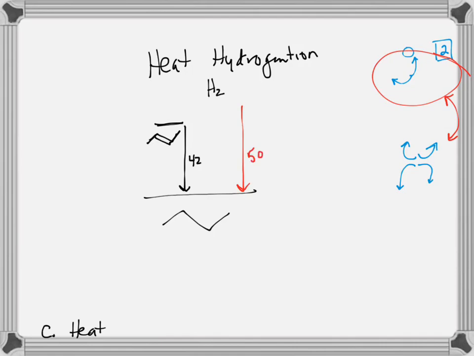Well, if the hydrogenation energy is more, what does that mean about the energy of that alkene? It has to be higher. If it's higher in energy, is it going to be as likely to form? No. Okay? So our heat of hydrogenations are used as a way to measure stability of the structure.